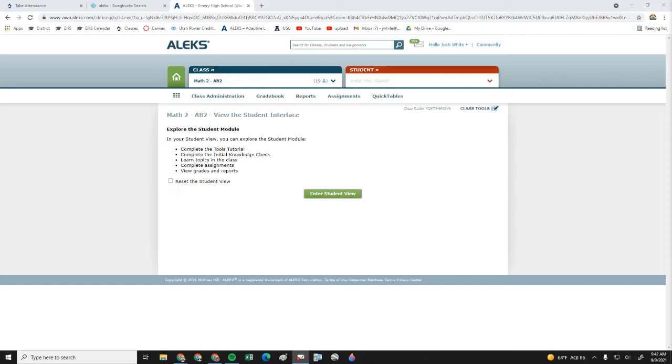Negative 2. Why did this one work? Because the exponent, or the root, is a 3. So would it work for 4? No. Would it work for 5? Yes. So if the root is even, you cannot have a negative on the inside. If the root is odd, then you can.